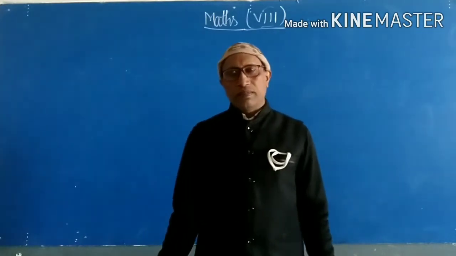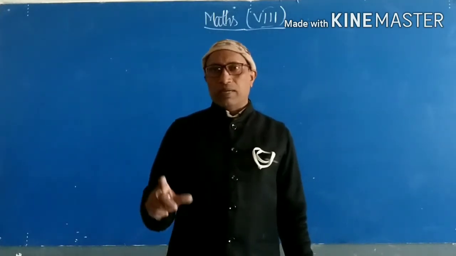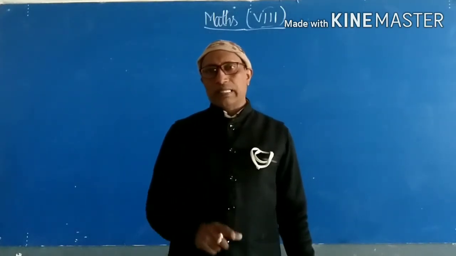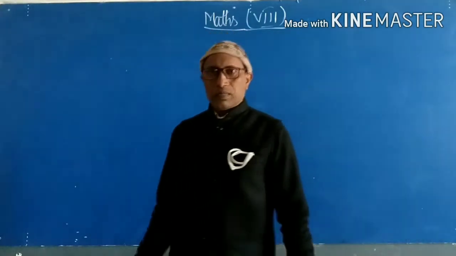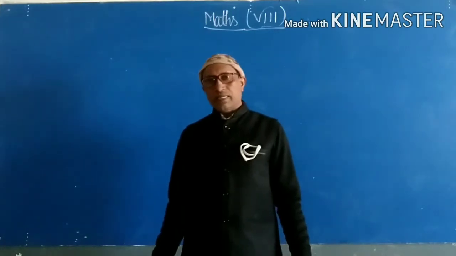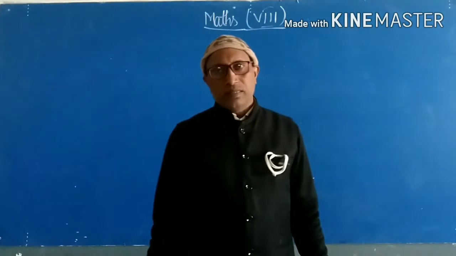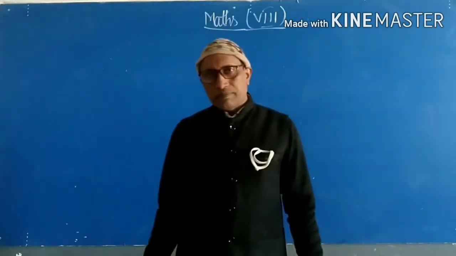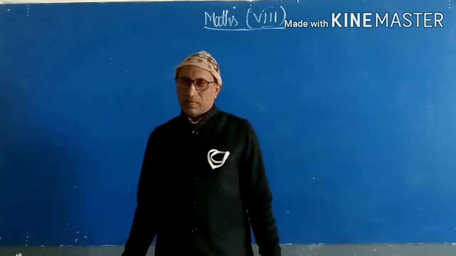And area of general quadrilateral, if the perpendicular distance from their vertex to the diagonal is given, is 1 upon 2 into d into (h1 plus h2). And area of parallelogram is equal to base into height.